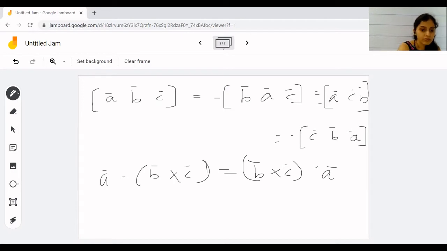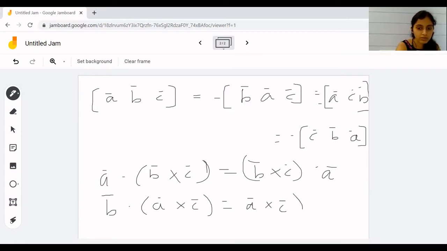Same way, B bar dot A bar cross C bar is equal to A bar cross C bar dot B bar. A bar cross B bar, sorry.